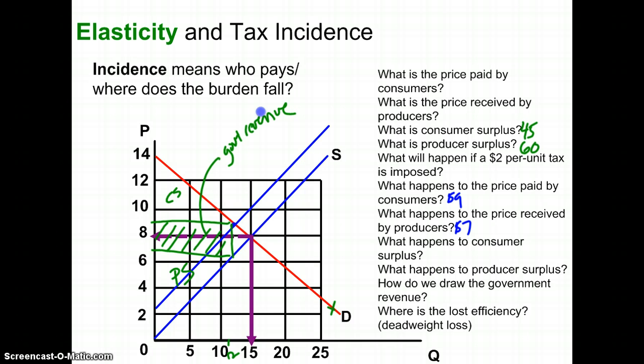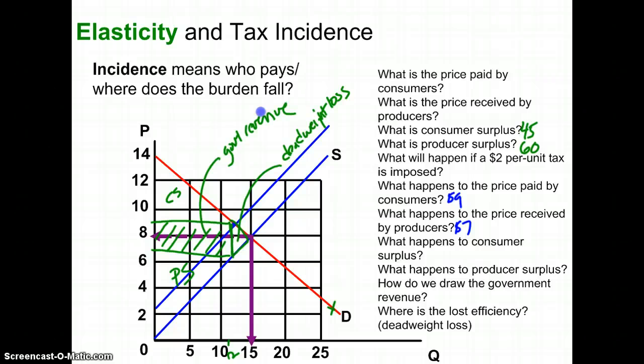Producers lost part of their surplus to the government, and in addition, they lost some of it to a deadweight loss. Government revenue, we've already drawn on there, so where is the deadweight loss? It is this triangle. Deadweight loss represents surplus that used to exist but is now gone from this market. Lost happiness, disappearing happiness, another way to state it is allocative inefficiency.